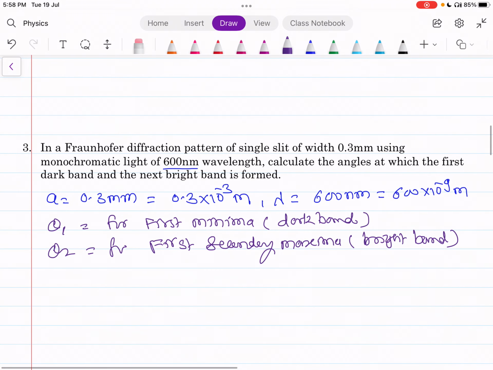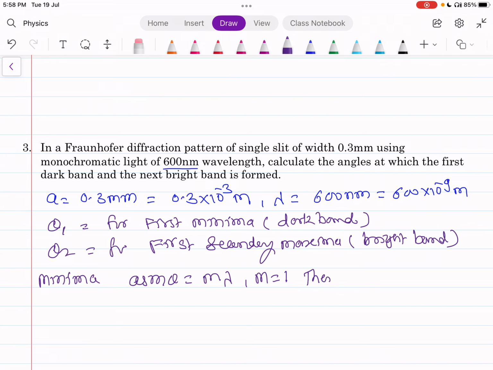Now we know the equation for the minima. Let us first find the minima angle. For minima, a sine theta is equal to m lambda. In this case, m equals 1, and theta is equal to theta 1.